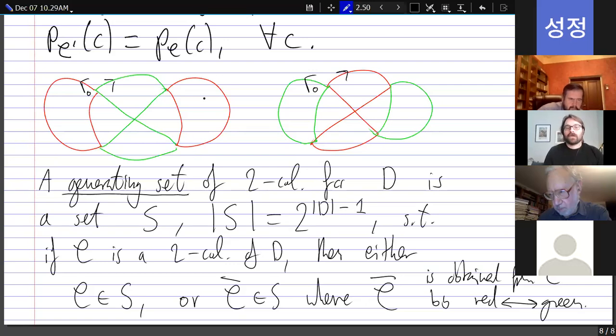So just doing this process here. So for example, this would be C, and then this would be C bar in this case. So I change red to green globally everywhere, and that gives me C bar. So this is just a little bit of terminology that allows me to divide by half as I know I can, and compute on this set of 2-colorings.